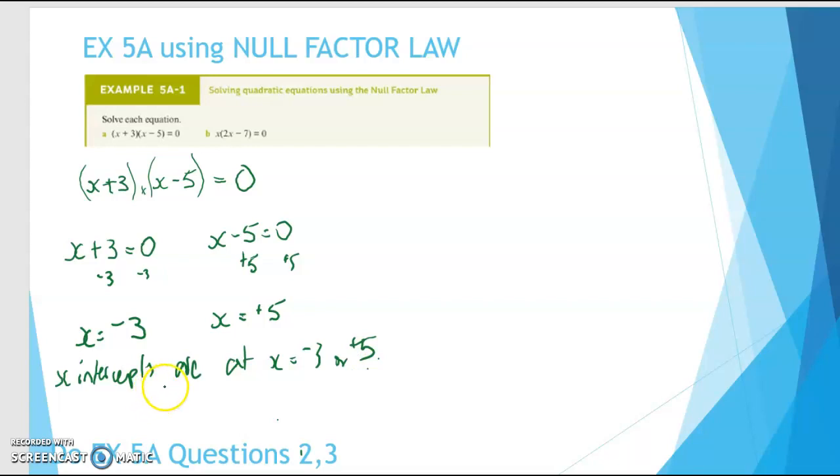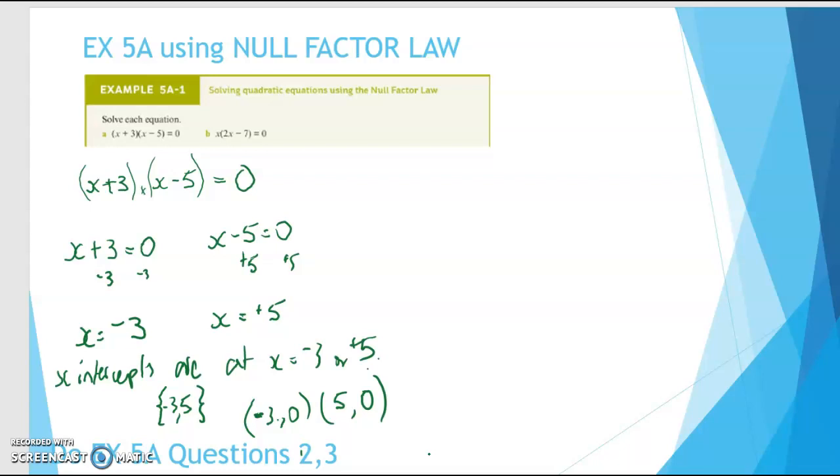We could write it in the curly bracket format, which is negative 3, comma 5. Or we could write them as coordinates: minus 3, 0 and 5, 0, since y equals 0 at the x-intercepts. So that's the null factor law applied when they are already factorized.